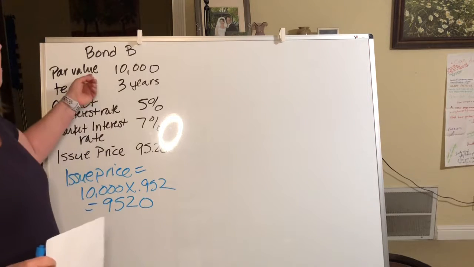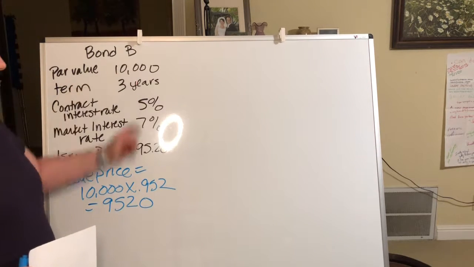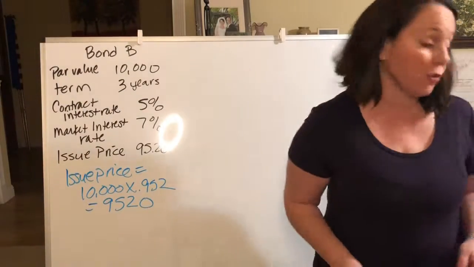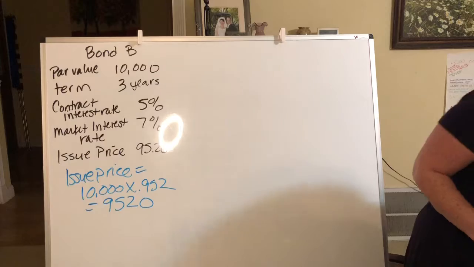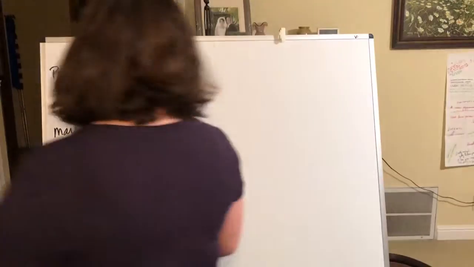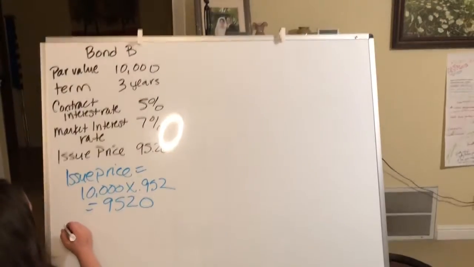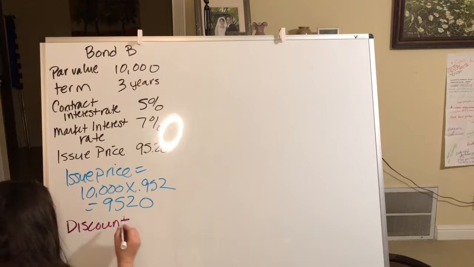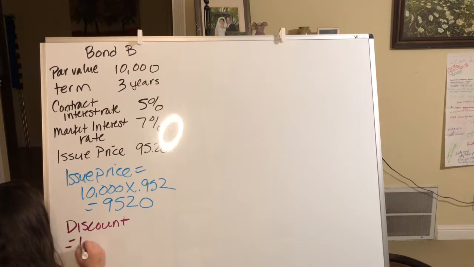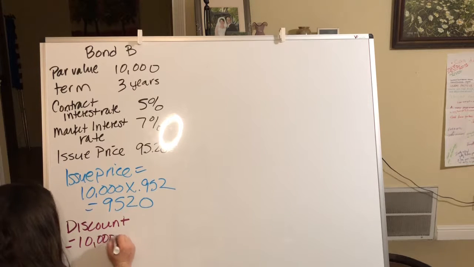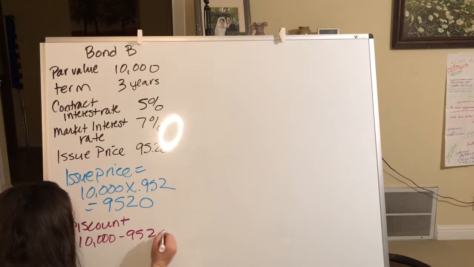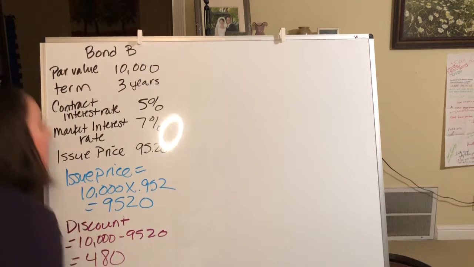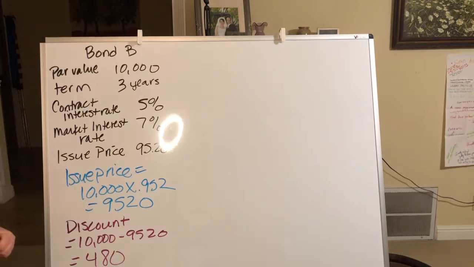So if the par value is 10,000 and the issue price is 9,520, then my discount is going to be $480.